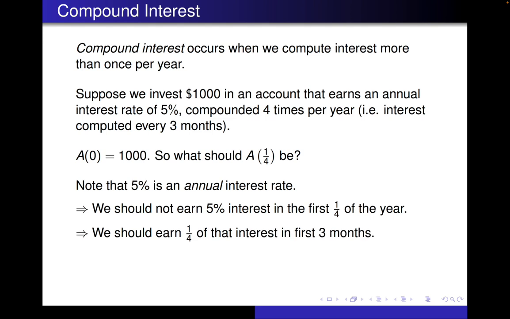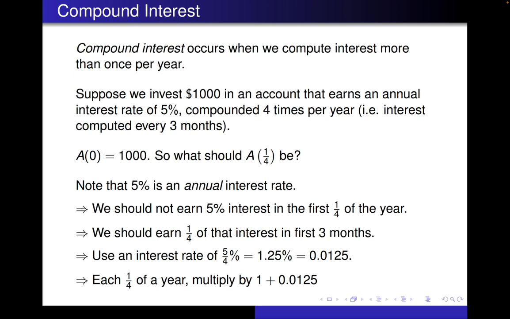In fact, we should earn a fourth of that interest in the first 3 months, which means over the course of that first 3 months, we should earn an interest rate of 1.25%, which is 0.0125 if we're thinking of it as a fraction.